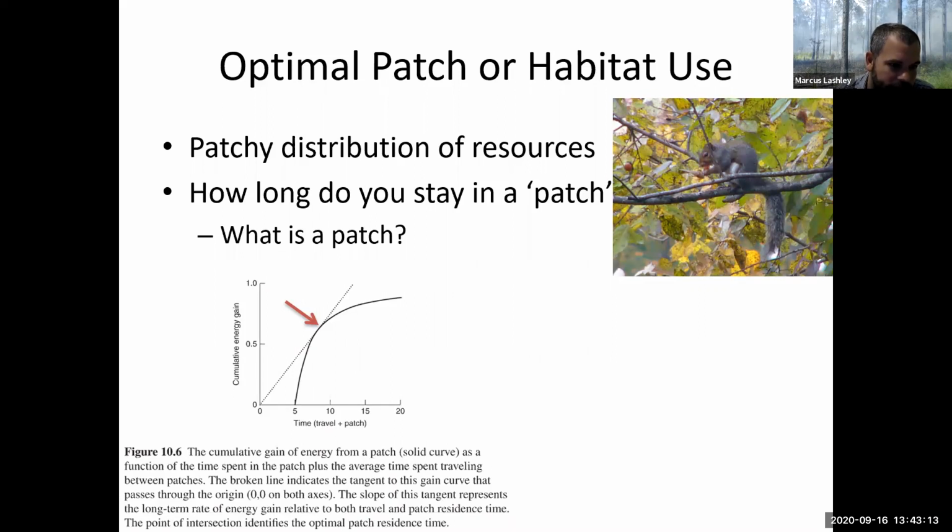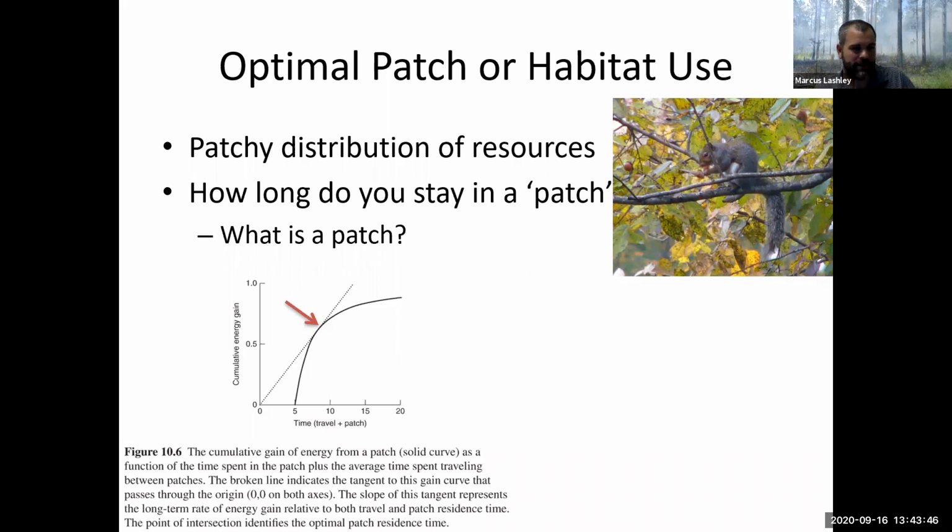And if we think about this patch, essentially the energy gain from that patch versus the energy expenditure to move on to another patch is this line right here. And what we should expect is when this curved line touches that line right there, we've essentially gotten to the point where the cost of moving is not as great as the cost of staying and trying to continue to gather acorns.